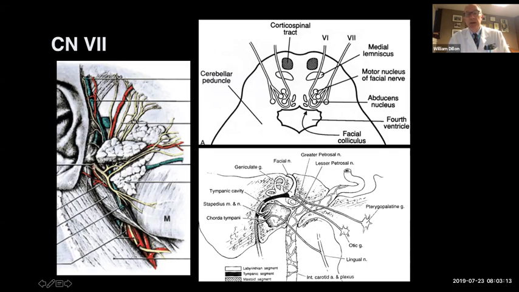So it's a complicated nerve with a complicated course in the temporal bone, and then as it exits, it courses through the parotid gland. So when you have a facial palsy, you have to scan from all these ramifications in the face all the way back to the nucleus in order to make sure that you haven't missed pathology.